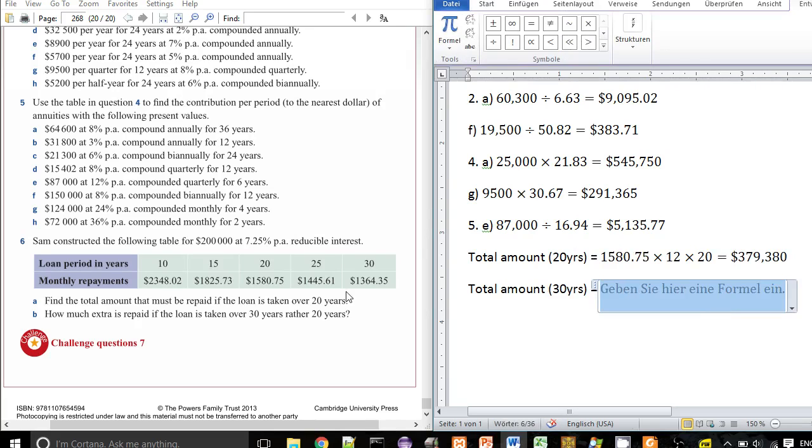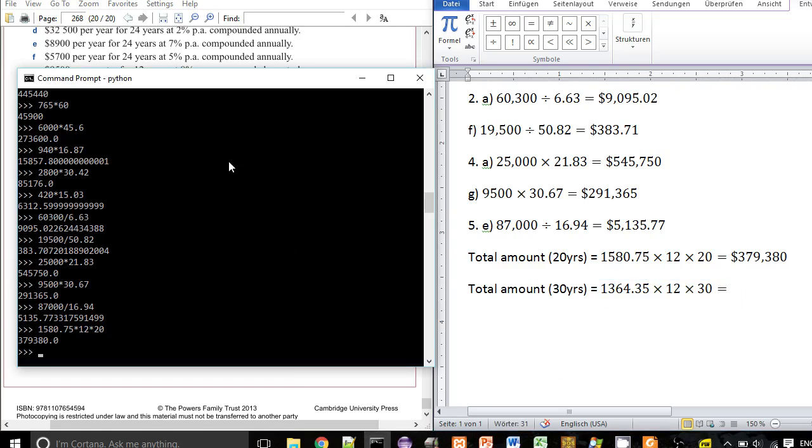Same exact thing. 30 years, 1364.35. So still 12 months in a year, but this time it's 30. So it's sort of a compromise. It's a lower amount per month, but it's for a longer period. And it should end up with a higher total because that interest is lasting for a longer time.